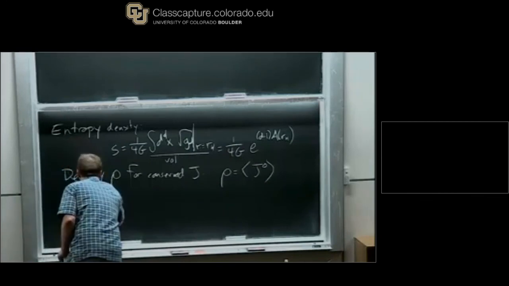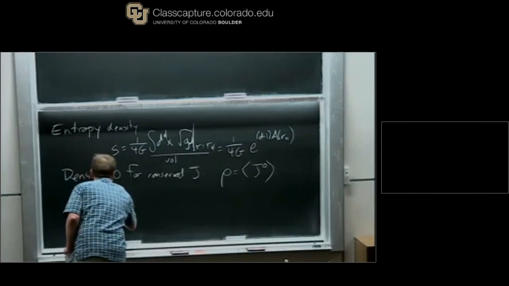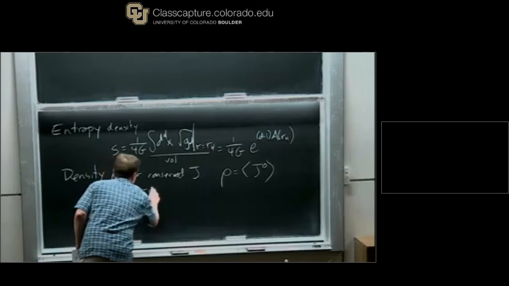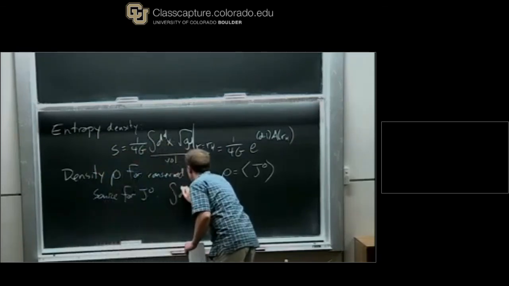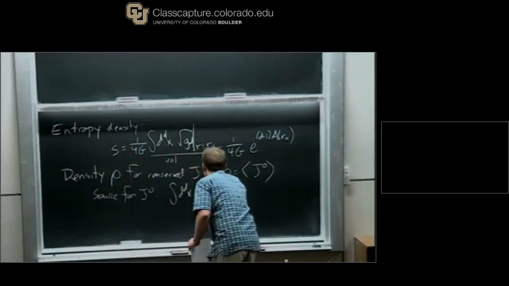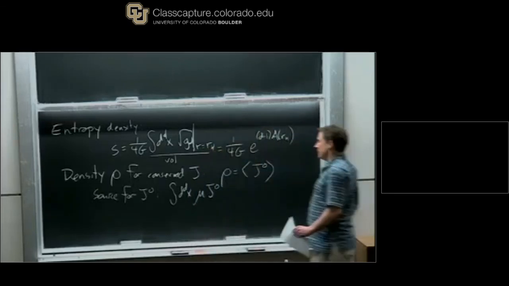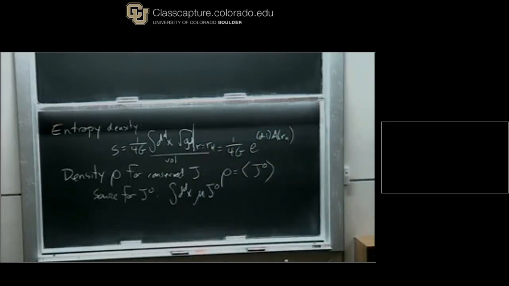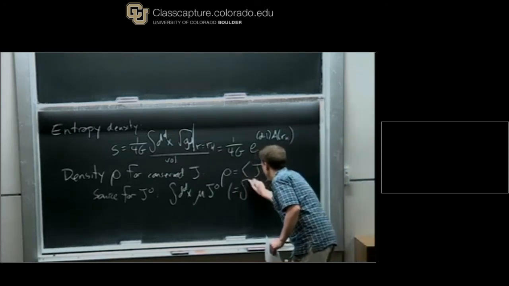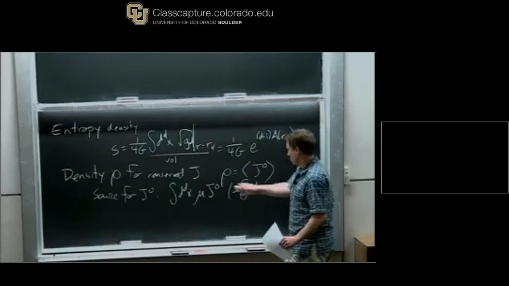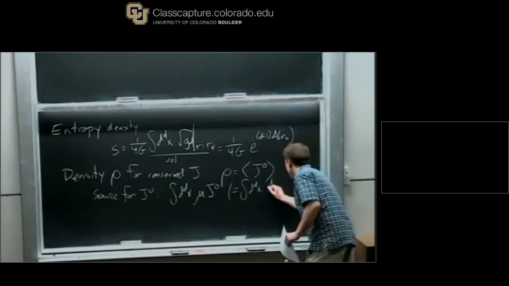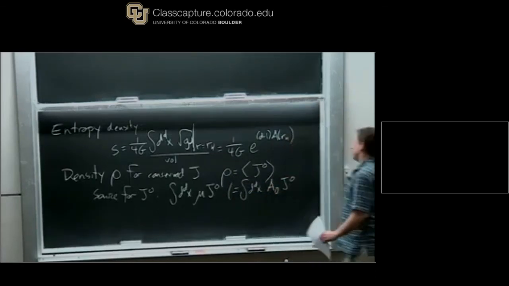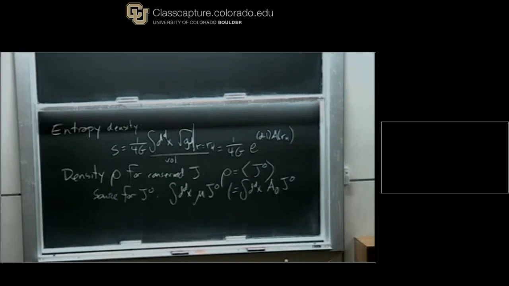And then if I have a source for J0 turned on in the field theory, the integral of d^dx times some constant times J0, that source is just the chemical potential. But I can also see that, putting this into context of a source for one component of J, this is A0 on the boundary.